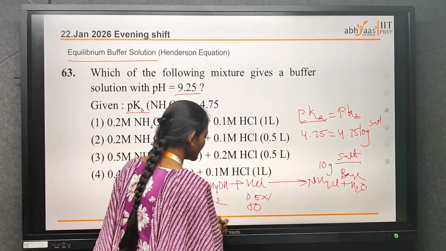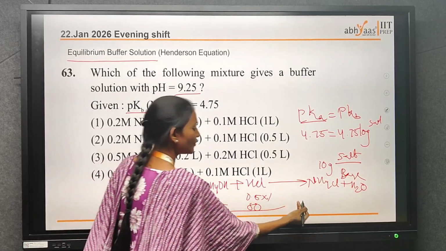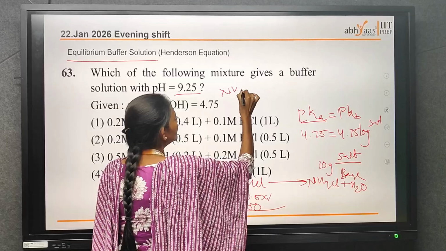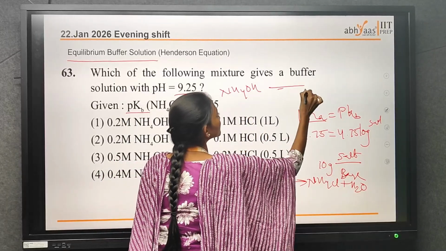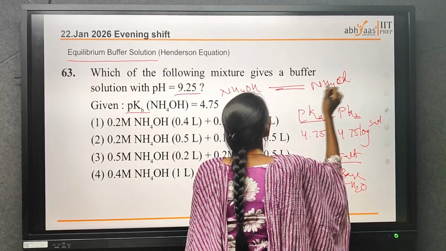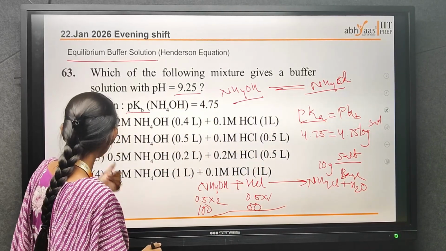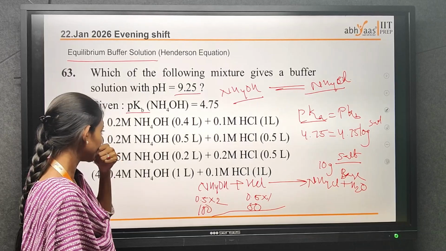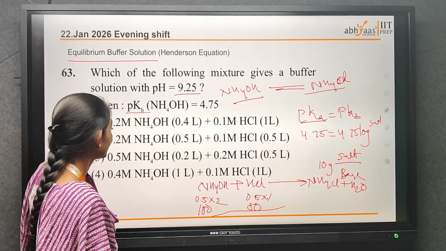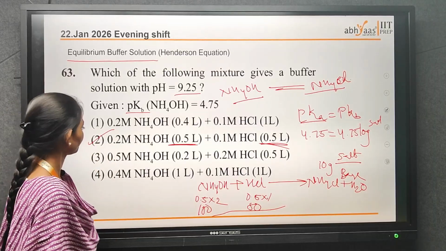Here you are getting 50. So, when you are doing, what happens? 50 milli equivalents equals 50. That means NH4Cl, so it is equal to this much. Means, the concentration will be equal. So, coming to this case, what will be the option here? See, you are having, right? So, option will be 2.